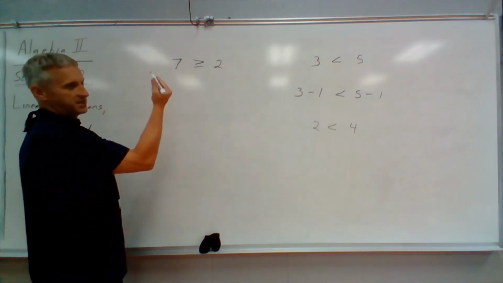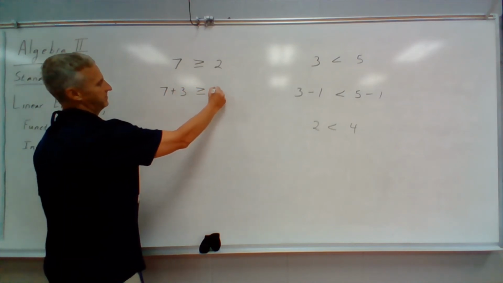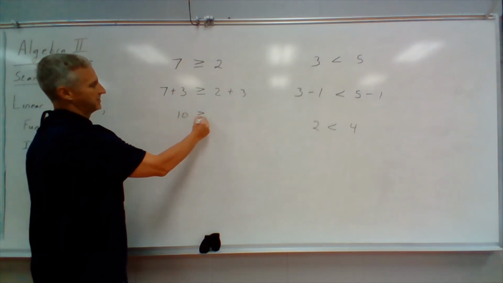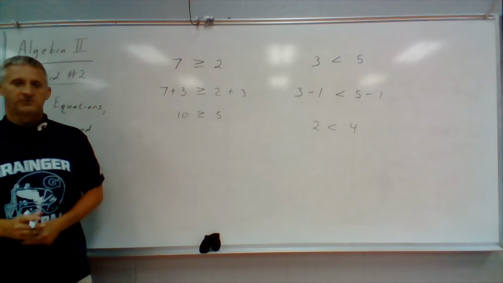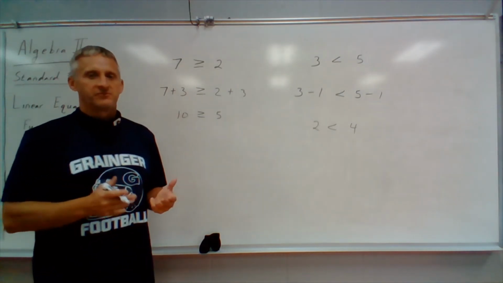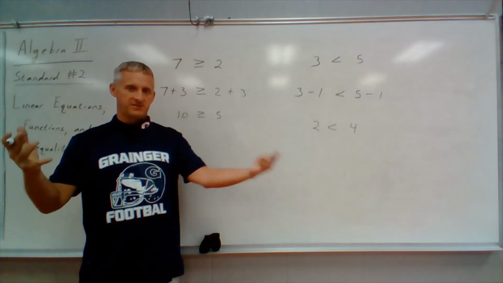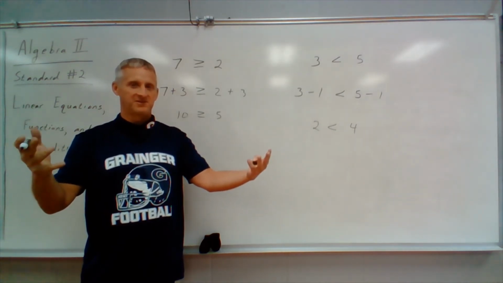So 7 plus 3 and 2 plus 3. 7 plus 3 is 10. That's 5. You can see that the one on the left is still bigger than the one on the right. And that's true. If you have two numbers, one number is greater than the other number, and then you add the same number to both sides, the one over here will still be bigger than the one over here.